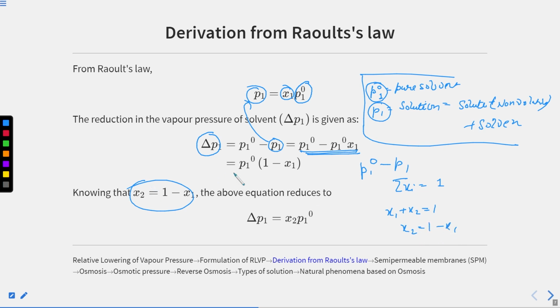I have replaced 1 minus x1 by x2. So the formula we get at last is delta P1 is equal to x2 P1 naught, or delta P1 by P1 naught is equal to x2. This is our relative lowering, equal to x2. In this way we get the relative lowering of vapor pressure from Raoult's law.